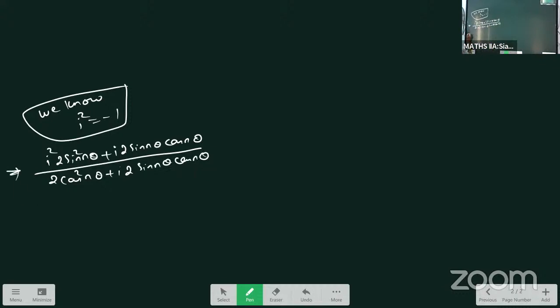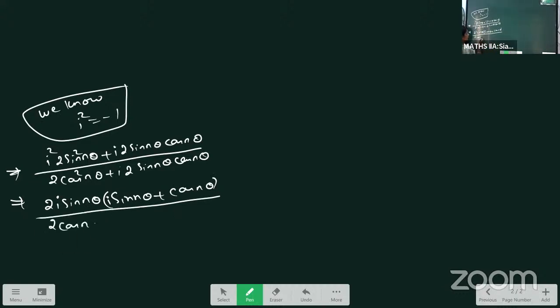Any common in the numerator? 2 common, i common, sin n theta common. So what is left here? i sin n theta plus cos n theta left out. In the denominator, what is common? 2 cos n theta common. So what is left here? Cos n theta plus i sin n theta. 2 cancel.